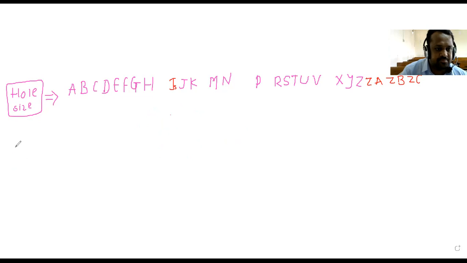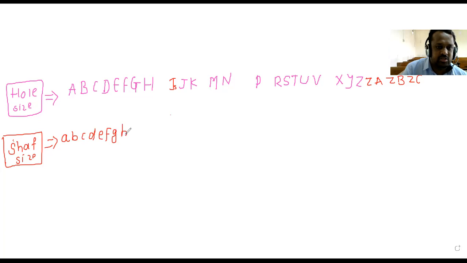For the shaft system, how to write down the fundamental deviation here: A, B, C, D, E, F, small g, H, small h, K, M, N, P, R, S, T, U, V, X, Y, Z, Z small a, Z small b, Z small c.